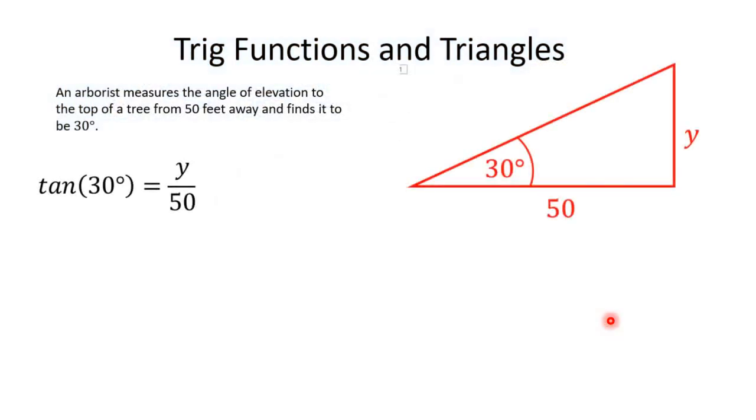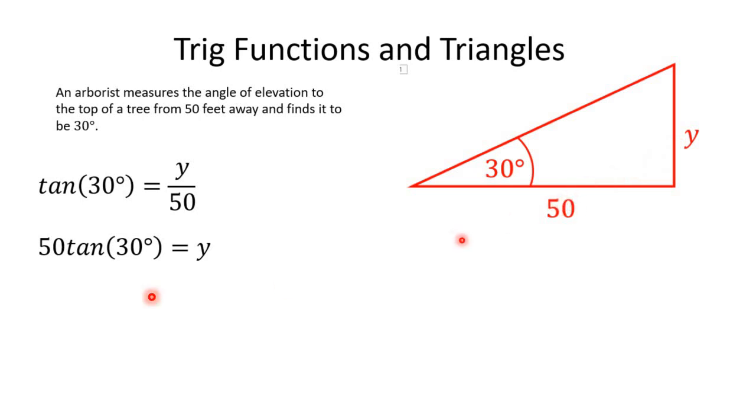We have here the triangle, the 50 feet away of the arborist. The angle that was measured was 30 degrees, and we're trying to find the height of the tree. The function that we could use here is the tangent function. So we multiply both sides by 50 here. The tangent is opposite over adjacent.